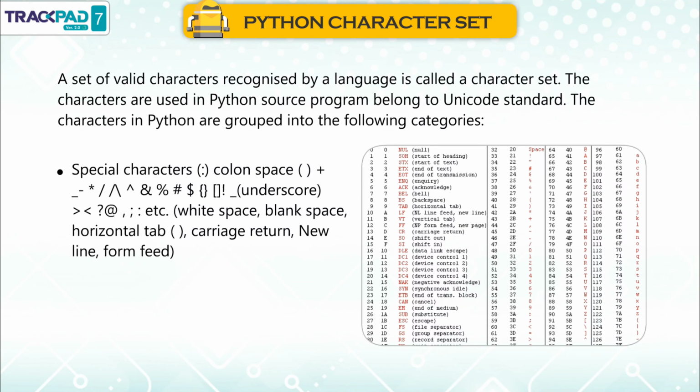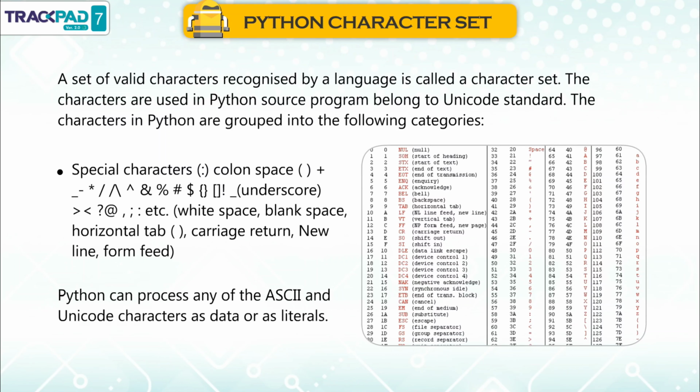Special characters: colon, space, plus, underscore, minus, star, slash, etc. White space: blank space, horizontal tab, carriage return, new line, form feed. Python can process any of the ASCII and Unicode characters as data or as literals.